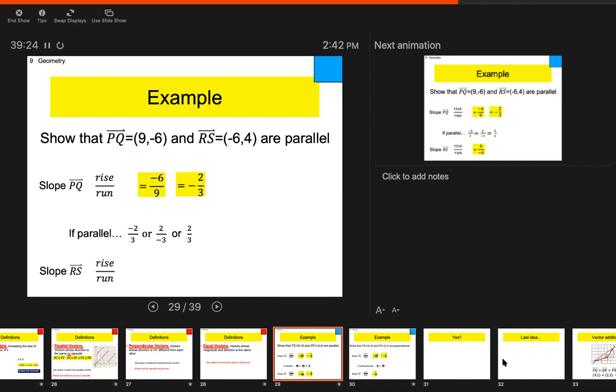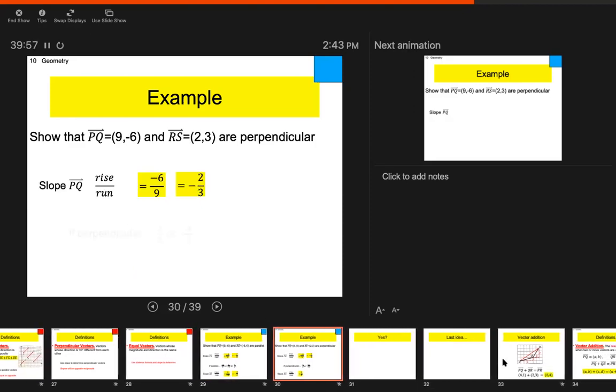Does that reduce to -2/3? Yep, it does. If it had reduced to +3 over 2, then it would be perpendicular, opposite reciprocals. But in this case, we get exactly the same number. If we had gotten +2/3, it still would be parallel. That's the tricky part: to be parallel, it can be the same or it could be opposite. Not opposite reciprocals, that's perpendicular. Hopefully that made sense.